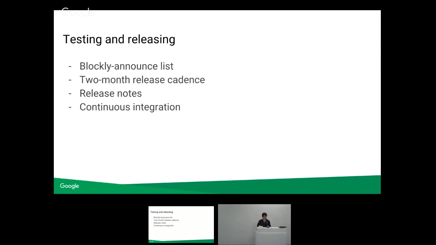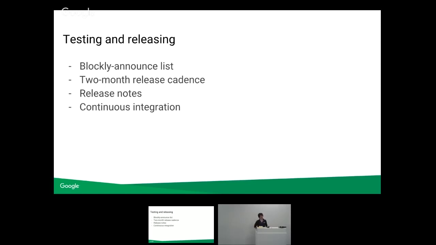So we added announce. It's very low traffic. It's almost exclusively our new releases. And we release basically every 2 months. We do a bug bash, and we do a release, and we put out useful things like release notes so you know what changed.